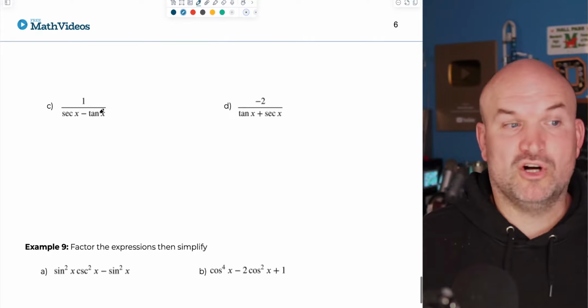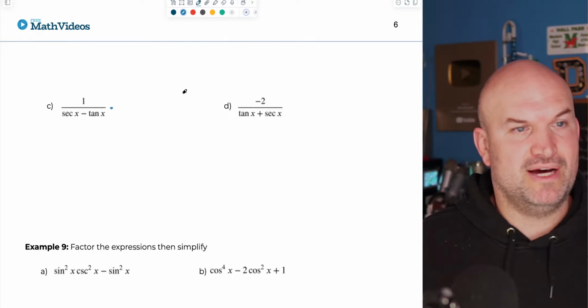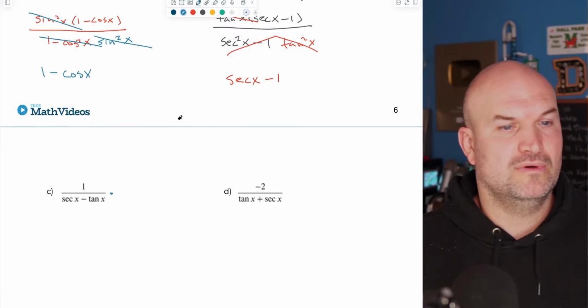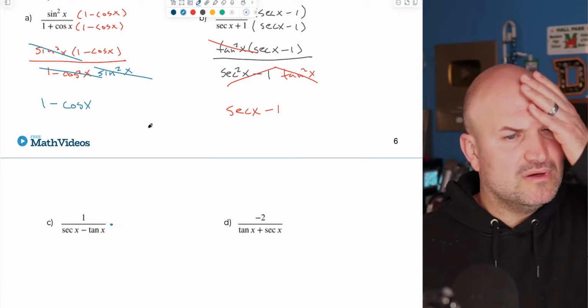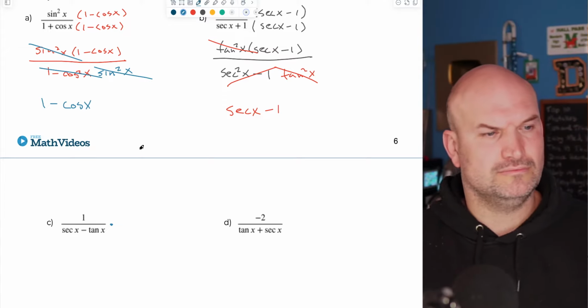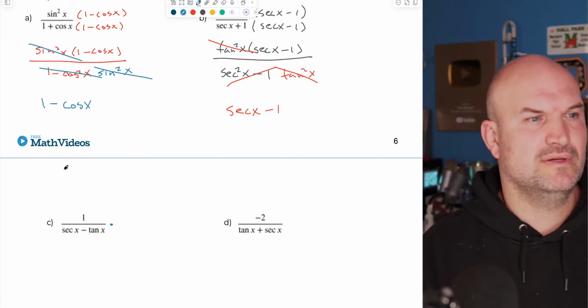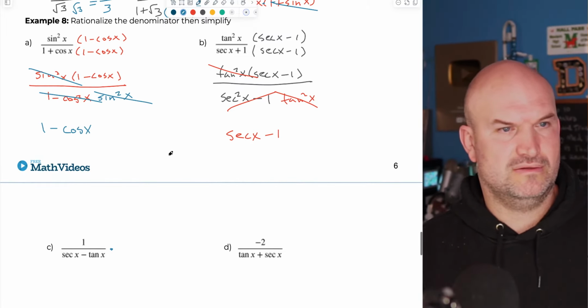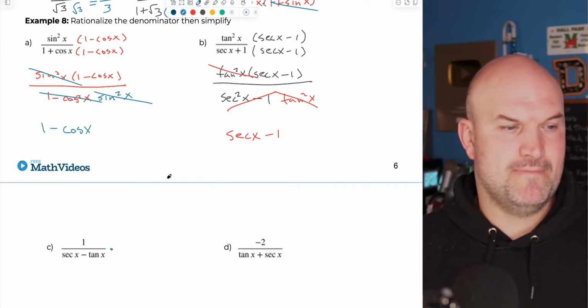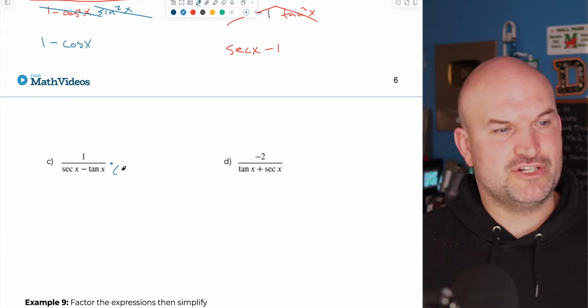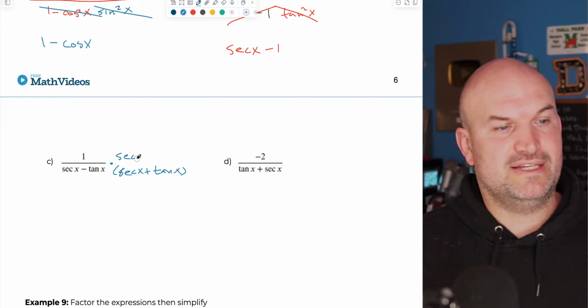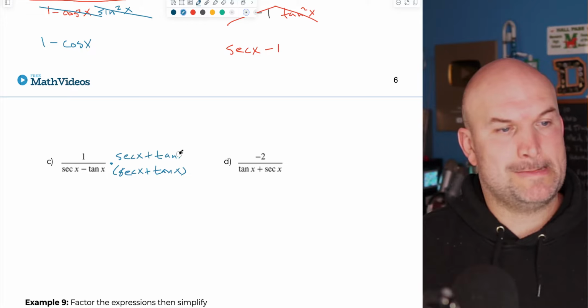Multiplying by the conjugate, in this one, I have secant of x plus tangent of x divided by secant of x plus tangent of x.